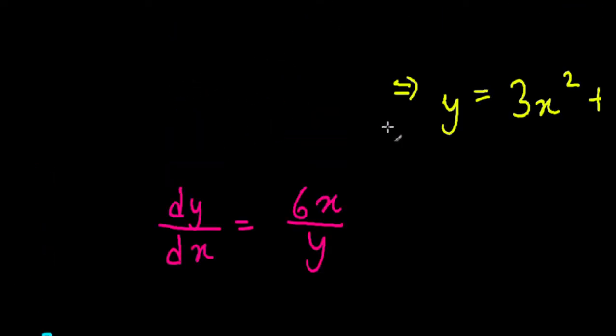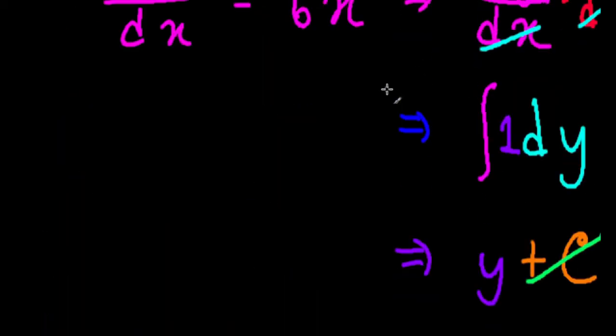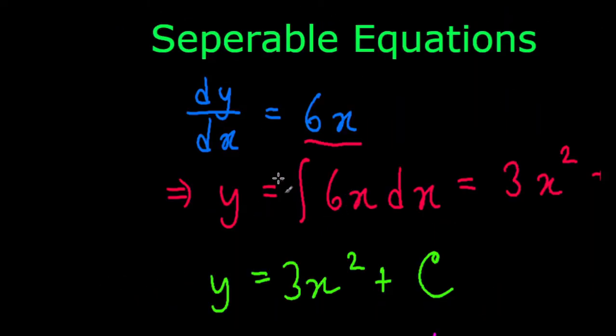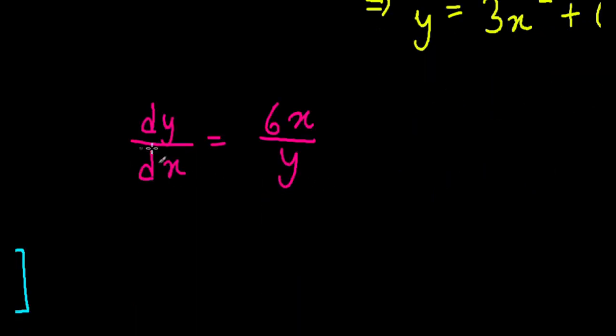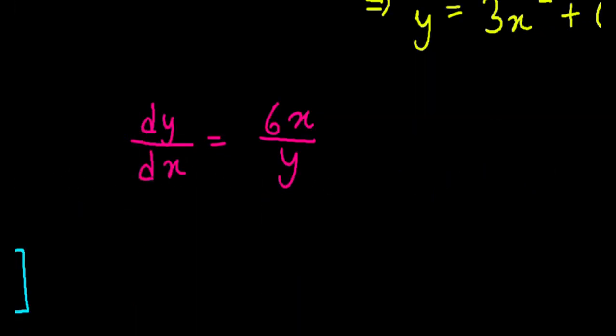What's going to happen now? Well, let's try our preferred method. Let's try to take the antiderivative of the right hand side. On the left hand side, we should get y. On the right hand side, we have the antiderivative of 6x divided by y dx.